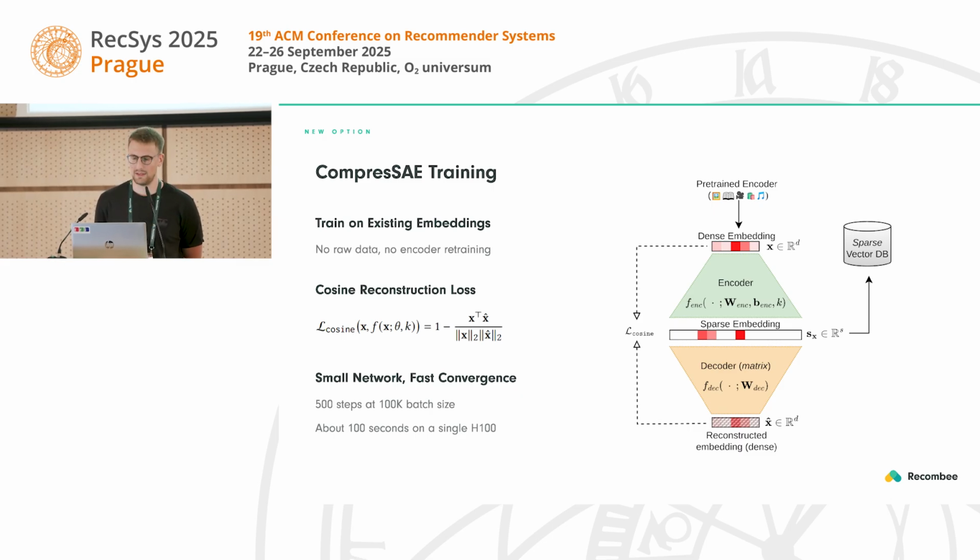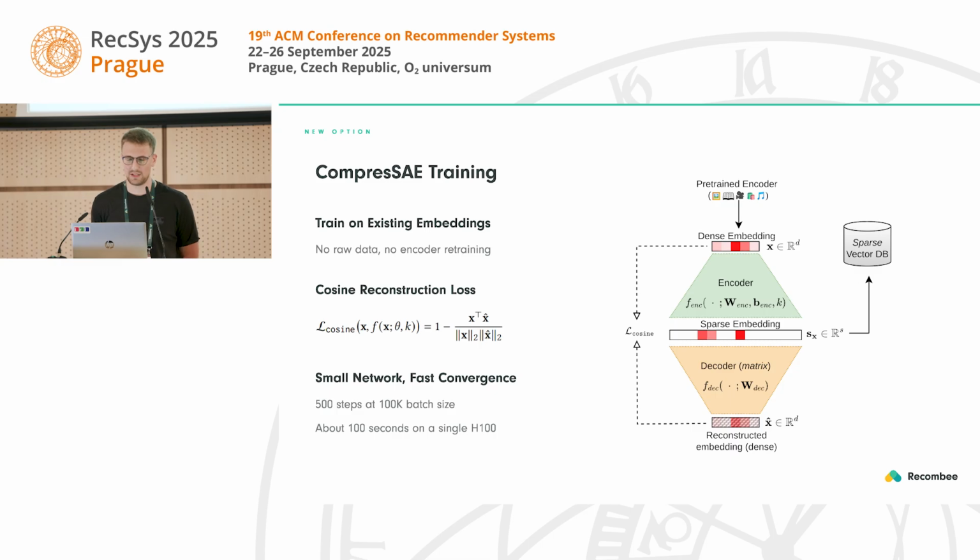The model, since it's primarily devised for retrieval tasks, such as the employment of vector databases, needs to reconstruct cosine similarity between the dense embeddings on the input and the reconstructed embeddings on the output.